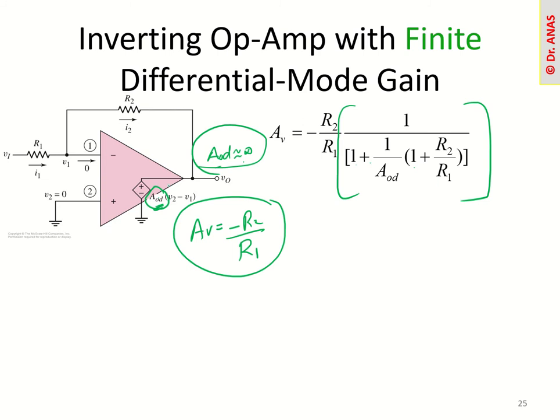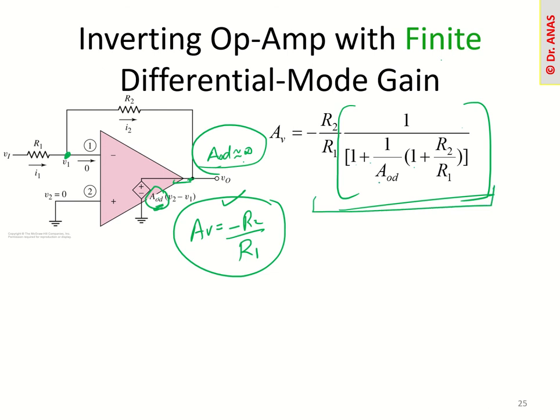The derivation is the same; we simply apply the nodal equations. At this node I1 is equal to I2, and at this node, this current and this current. Just apply the nodal equations as we derived the earlier formula and we get this formula.